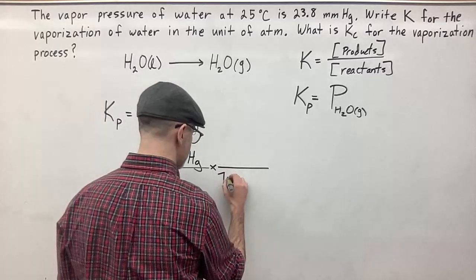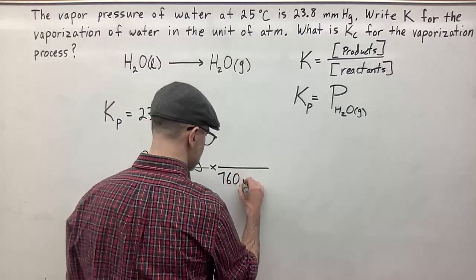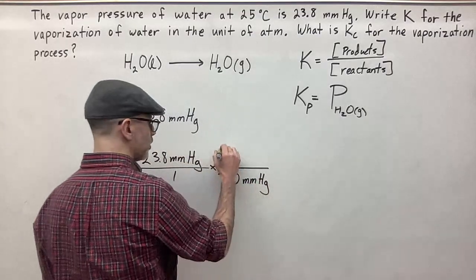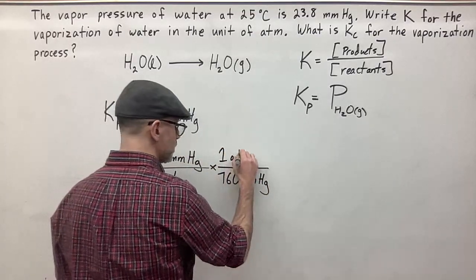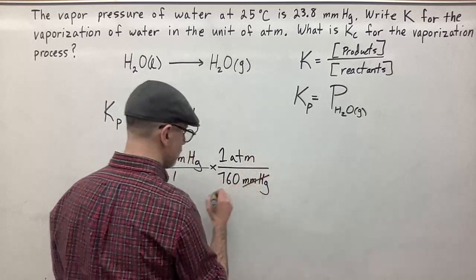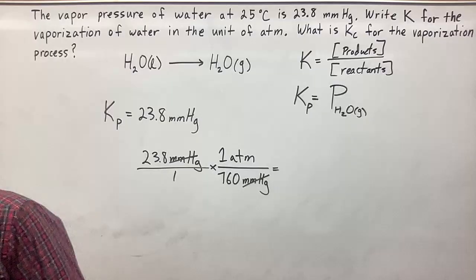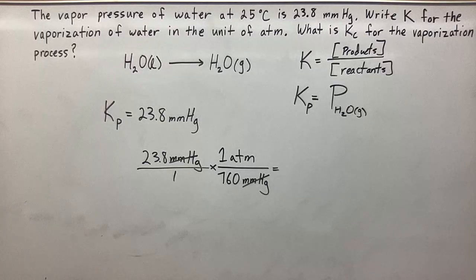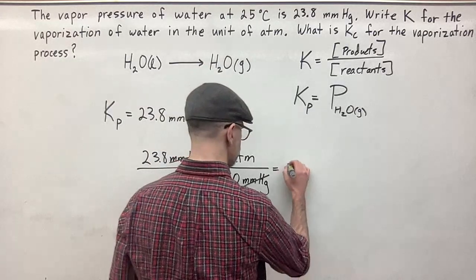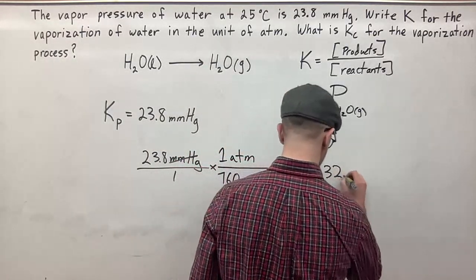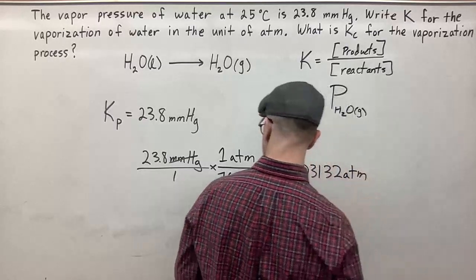So 760 millimeters of mercury on the bottom, and then 1 atmosphere on top. Millimeters of mercury cancel out, and then when we do that, we calculate 0.03132 atmospheres.